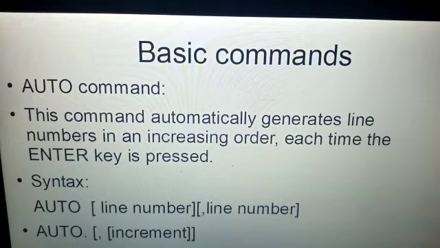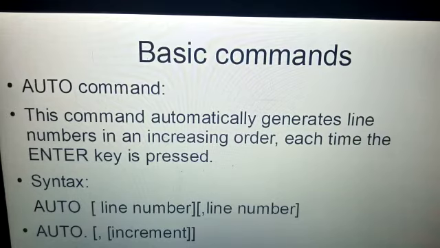The syntax of the AUTO command is: line number, comma, increment. The first is the starting line number, and the second number after the comma is the increment, with which you can generate the second line.